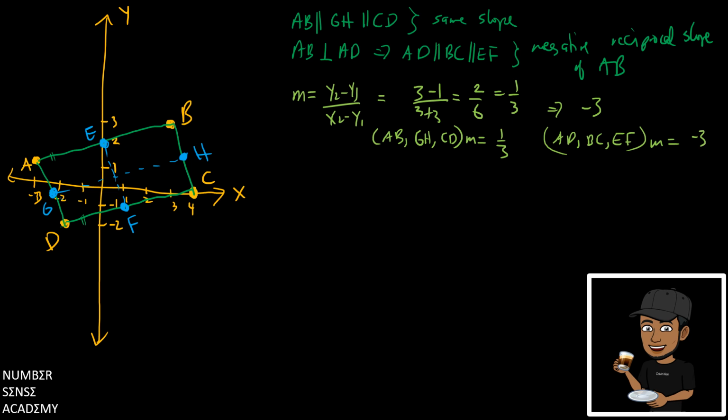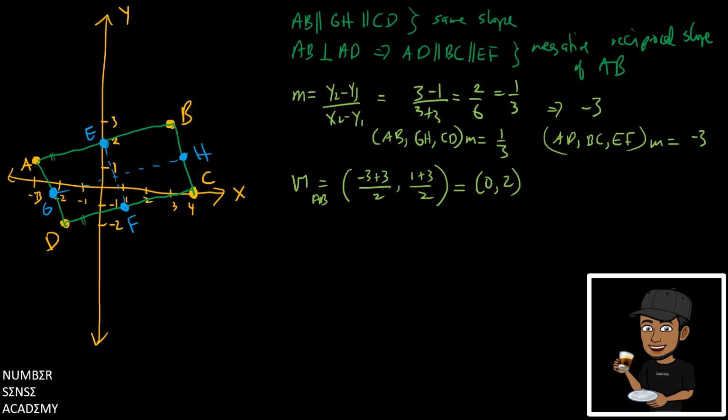Great. So now let's find the midpoint of AB. The midpoint of AB is going to be -3 plus 3, and I'm just jumping straight to the values, 1 plus 3 over 2. So -3 plus 3 is 0, so this is automatically 0. And then 3 plus 1 is 4 divided by 2 is 2. So that's the midpoint of AB.